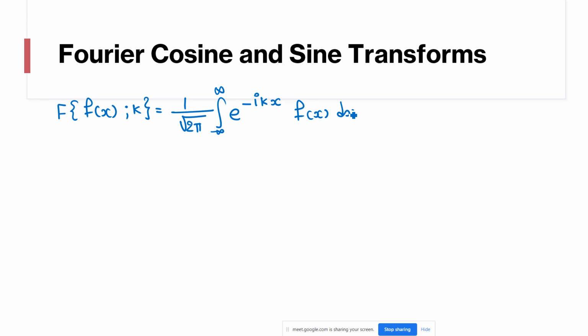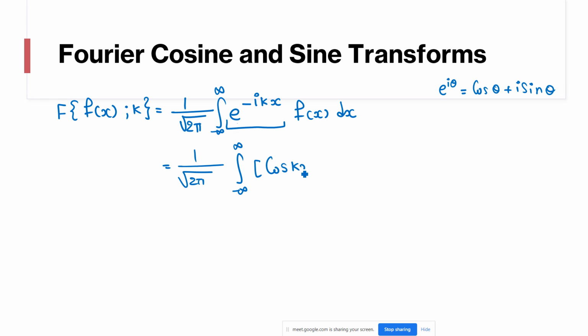By Euler's equation, e raised to i theta is nothing but cos theta plus i sin theta. I'm just trying to use that over here. So it is 1 upon root 2 pi integrating from minus infinity to infinity. This e raised to minus ikx can be written as cos kx minus i sin kx, times f of x dx.